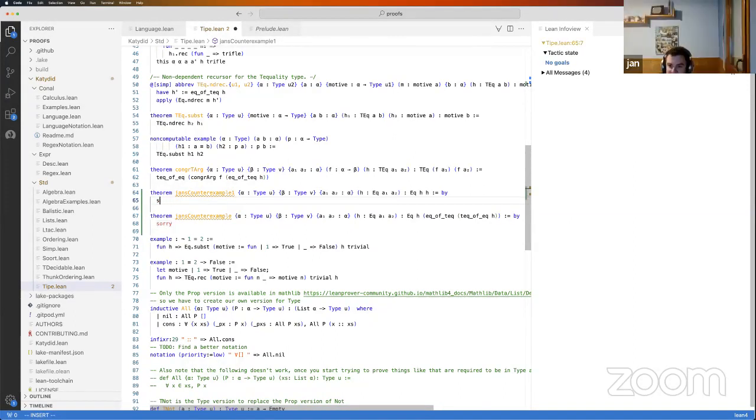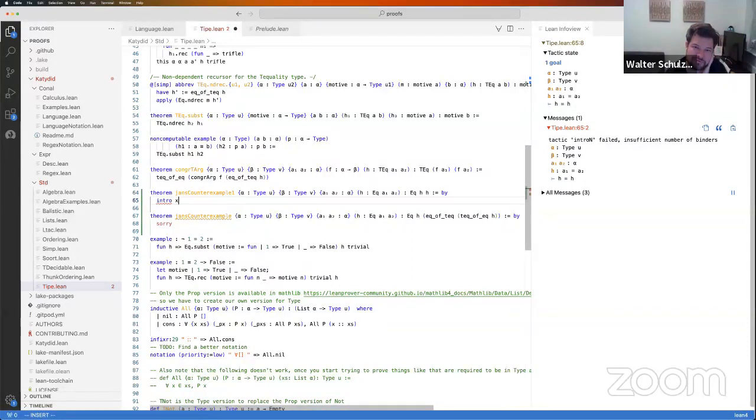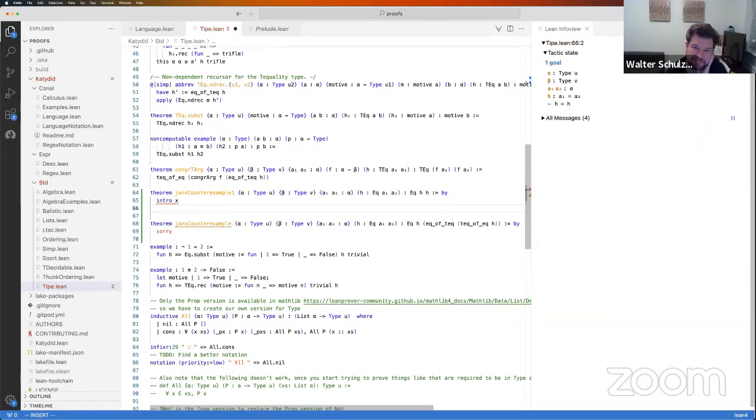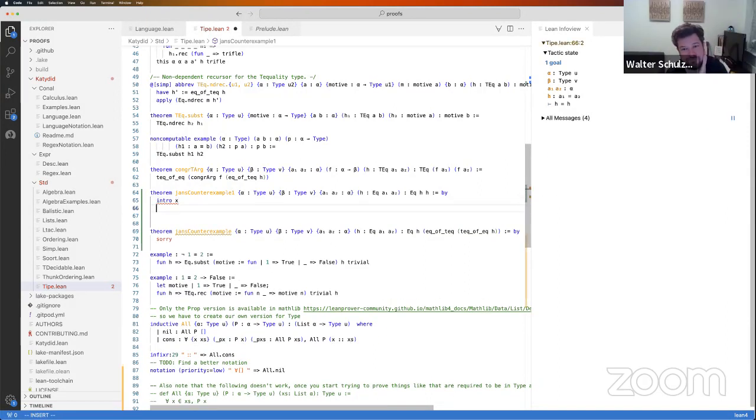Okay, let's find out. You should be able to use REFL or something. Pattern matching is not needed here. That sounds worth a shot.